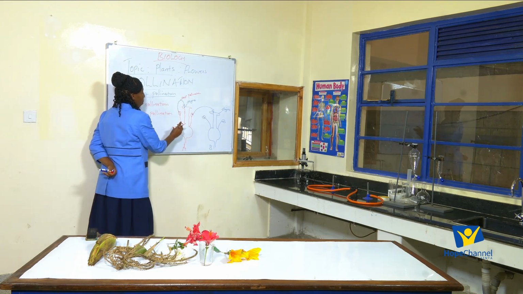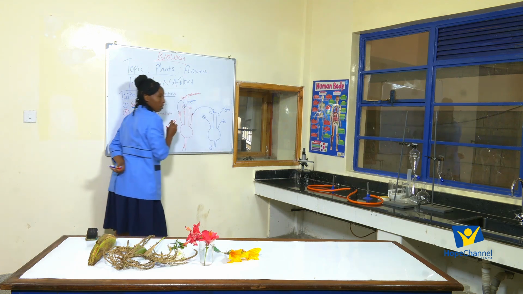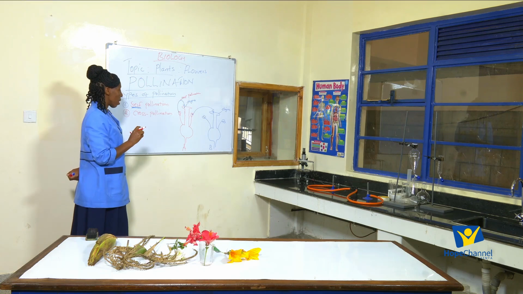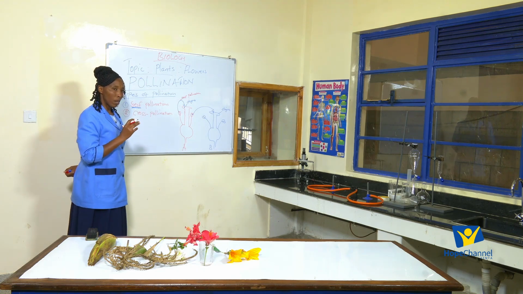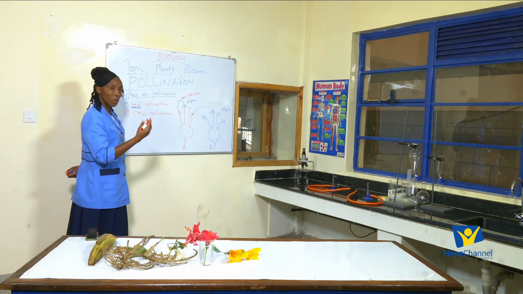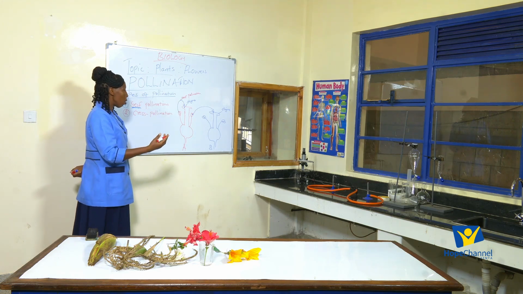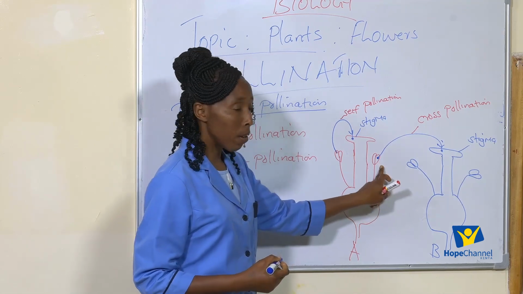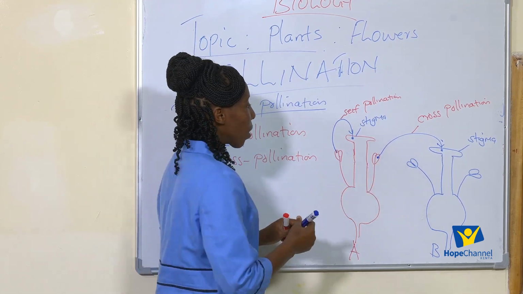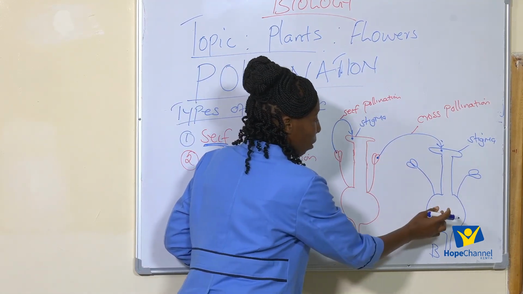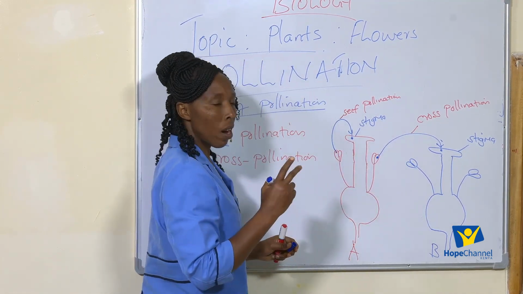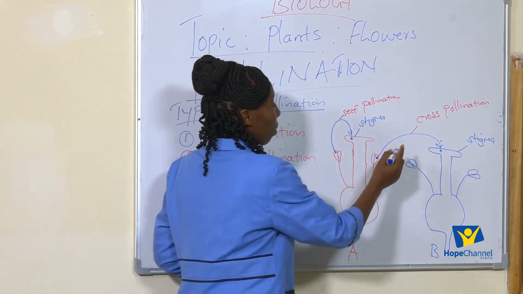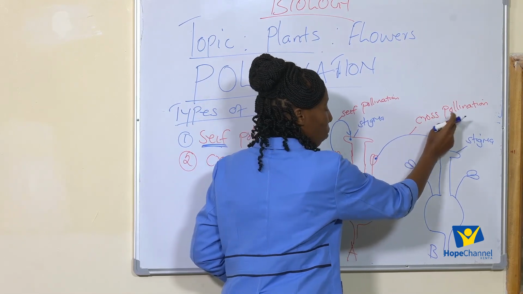But when you have two different plants, but these plants are of the same species, it's like now you have a maize plant and another maize plant. So what happens when the pollen grains are transferred from the anthers to the stigma of a different plant, but the two plants are of the same species, then we refer to that as cross-pollination.